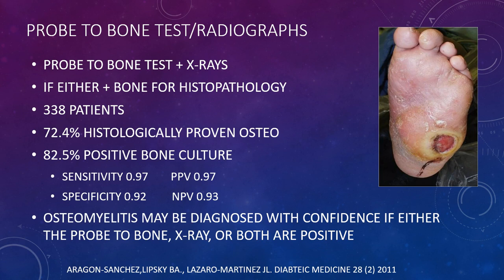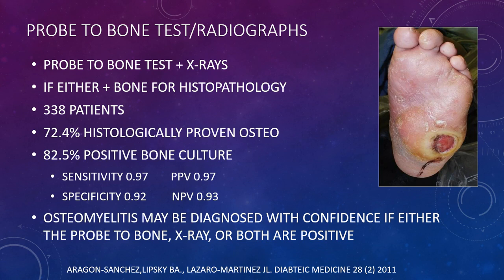Using that as their criteria, 338 patients were evaluated. Of these, almost 3 out of 4 patients had histologically proven osteomyelitis, and of these patients, a little over 82% had positive bone cultures.